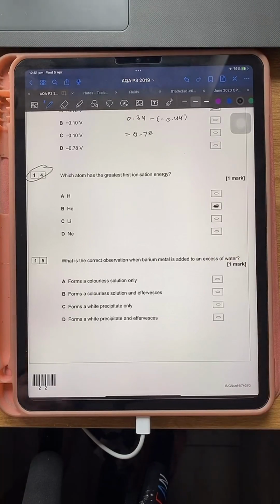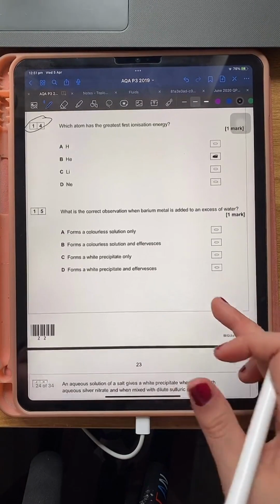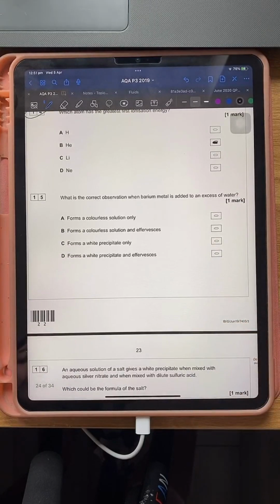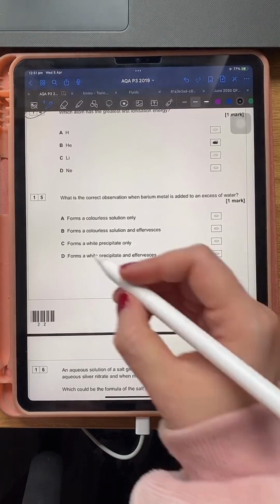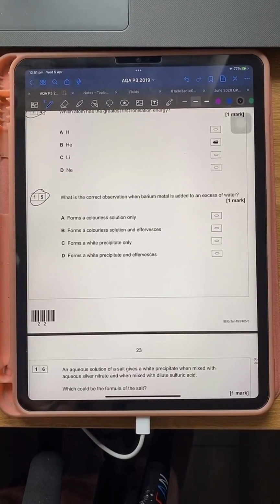What is the correct observation when barium metal is added to an excess of water? What would you say is the answer? Yes, you can ask a question. Barium is in group 2.